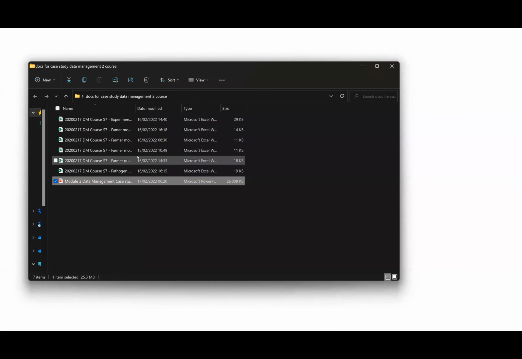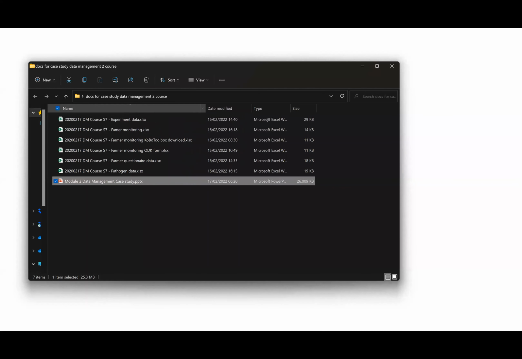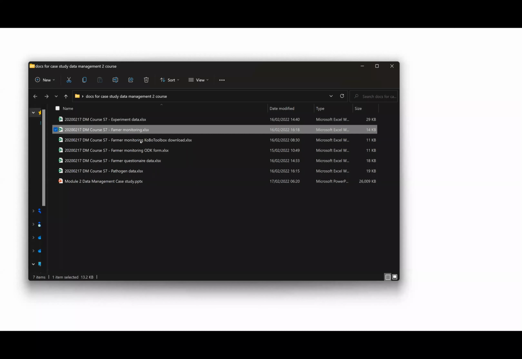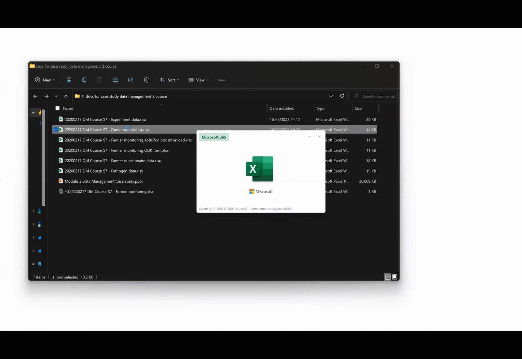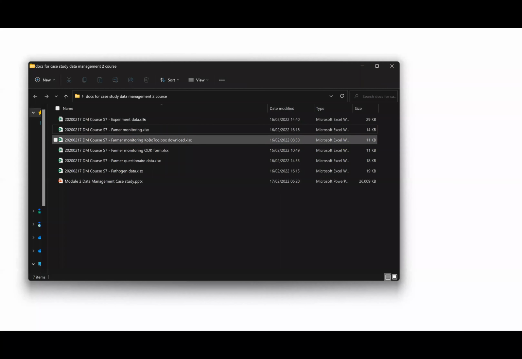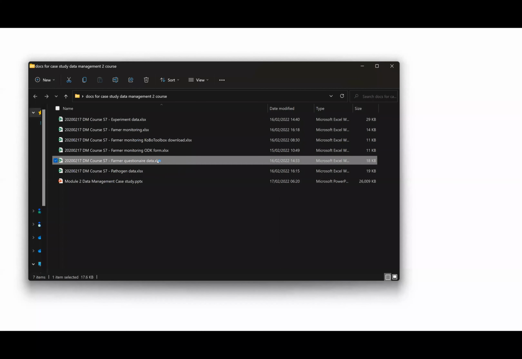The files are in a single folder here, and that is the farmer monitoring data. Okay. No, that's not farmer monitoring data. What I want to show you is farmer questionnaire.